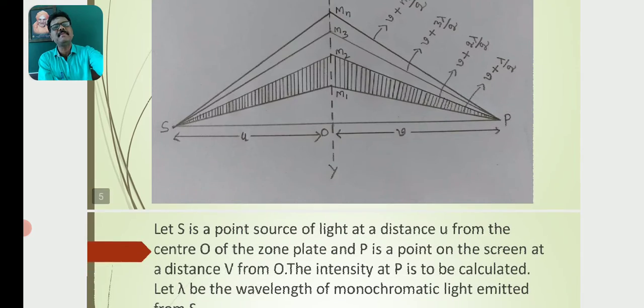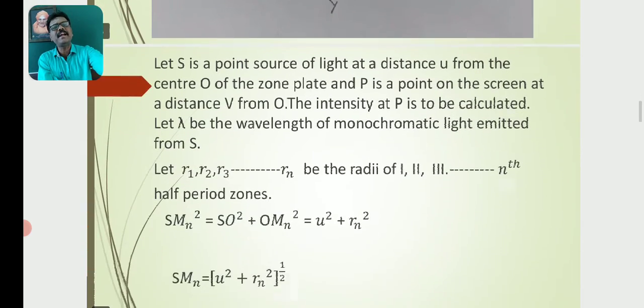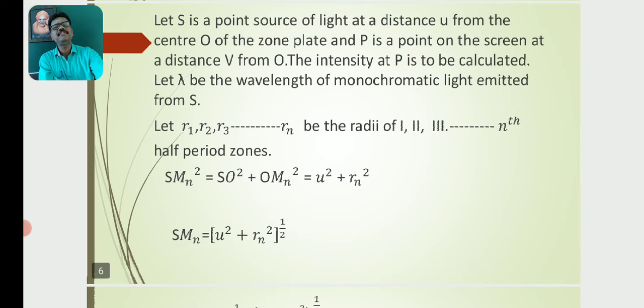From this triangle, SMn square equals SO square plus OMn square, where SO is nothing but the object distance between S and O, that is U square, plus Rn square. Rn is the radius of the nth concentric half-period zone.